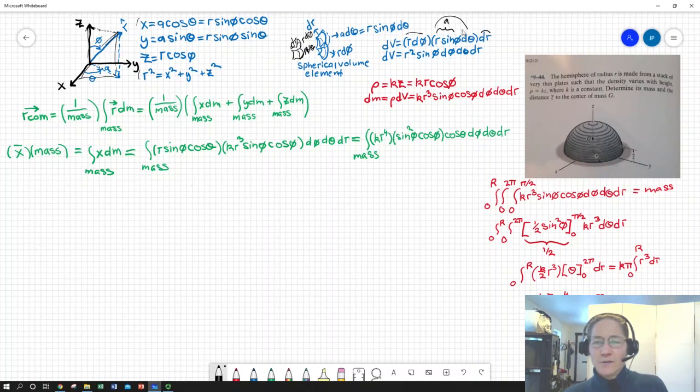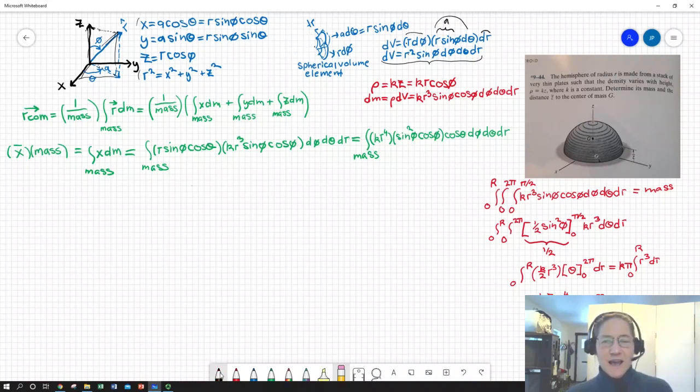So we have a little sort of rounded cube. So we end up with r times r squared, sine phi, d theta dr. So this is our spherical volume element for any sphere. That was a little bit of a review of basic spherical coordinates.